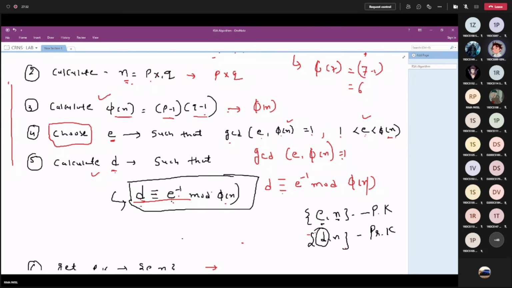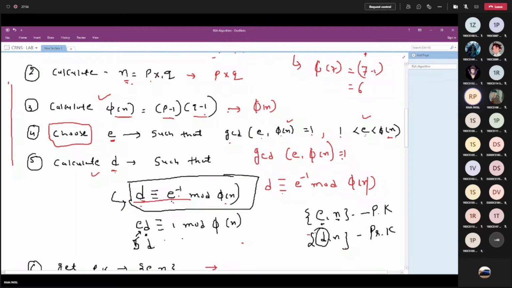Ma'am, so we have to calculate D such that the equation is satisfied, or the equation will already be satisfied? No, we need to calculate the value of D such that the equation will be satisfied. See, now E you have chosen. Let's say E was 7 or let's say E was 5, whatever I have chosen.